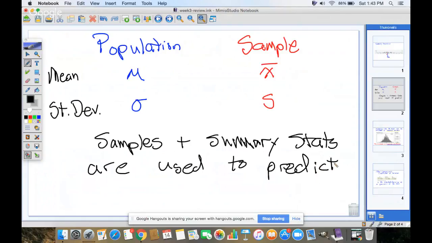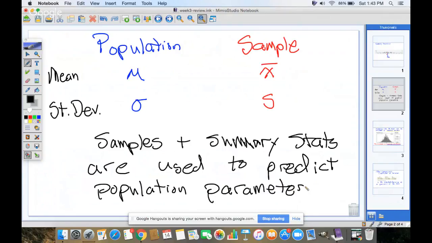So given some sample, we're going to try and predict things about the population. And these values for the population are called parameters. So the mean of a population is a characteristic of it. It's called a parameter. The mean of a sample is a statistic. Okay, so we have sample statistics, we have population parameters.